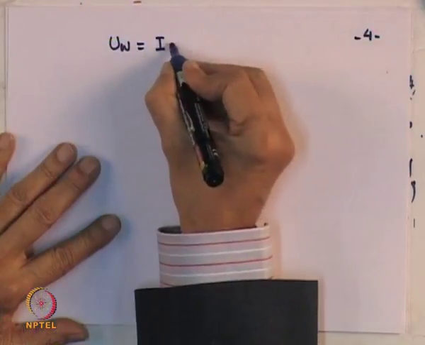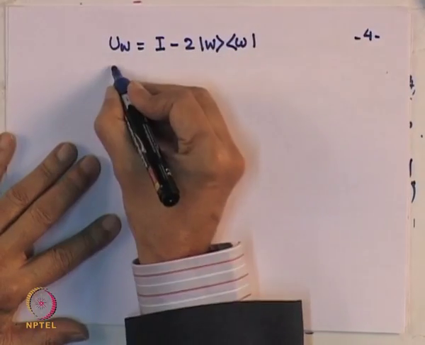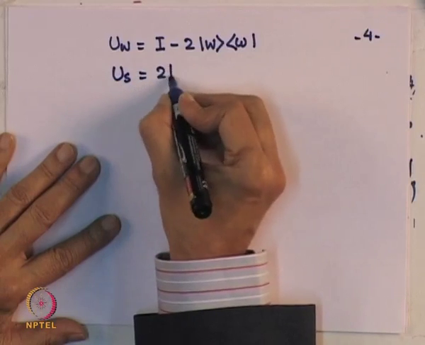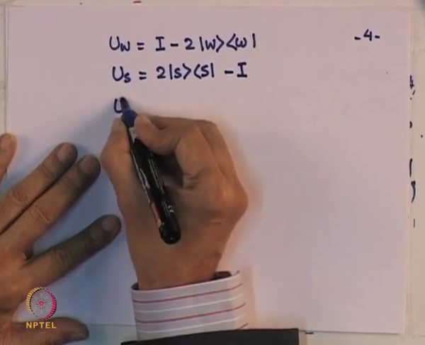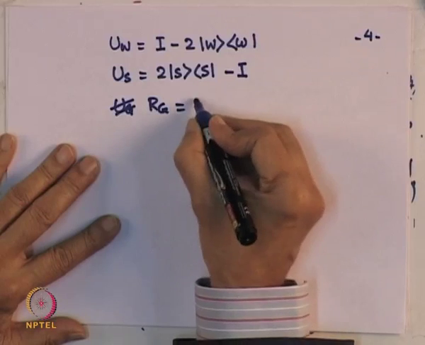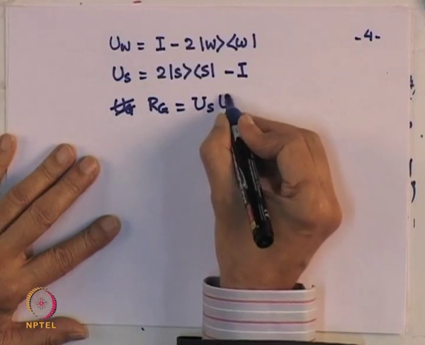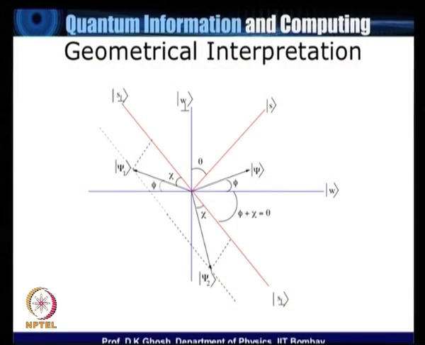We have U_W equal to I minus 2|w><w| and U_S is 2|S><S| minus I, and R_G is equal to U_S U_W in that order.